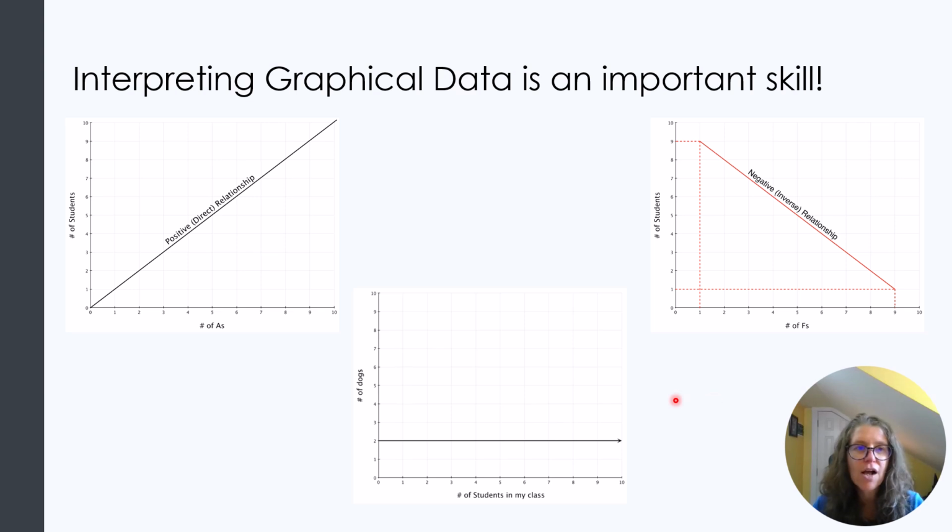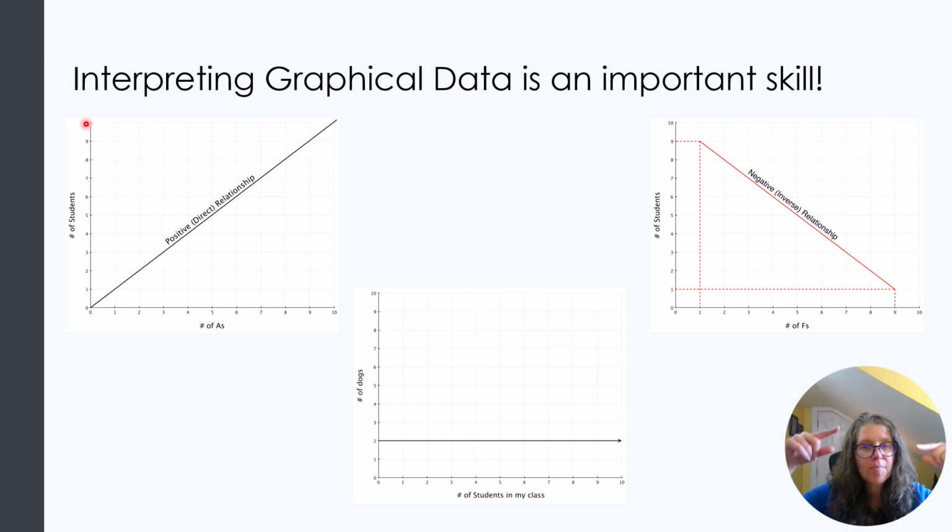So let's talk about a linear or straight line relationship between two items that we would consider a positive or a direct relationship. And you can see that here. Positive relationships on graphs mean that as one variable gets bigger, so does the other variable.